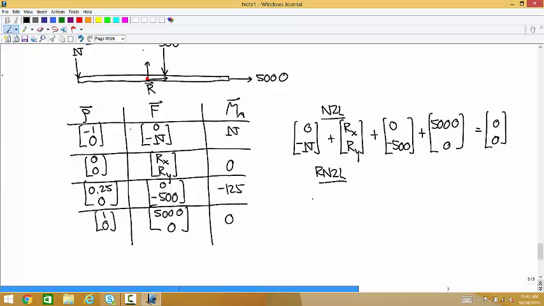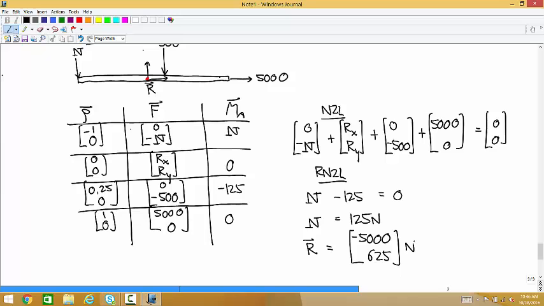The moment equation says N minus 125 is equal to 0. So N is equal to 125. And R is equal to negative 5,000 for x and 625 for y newtons.